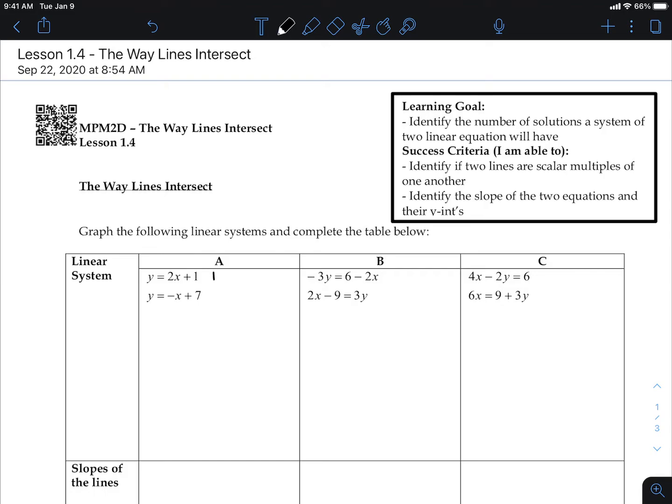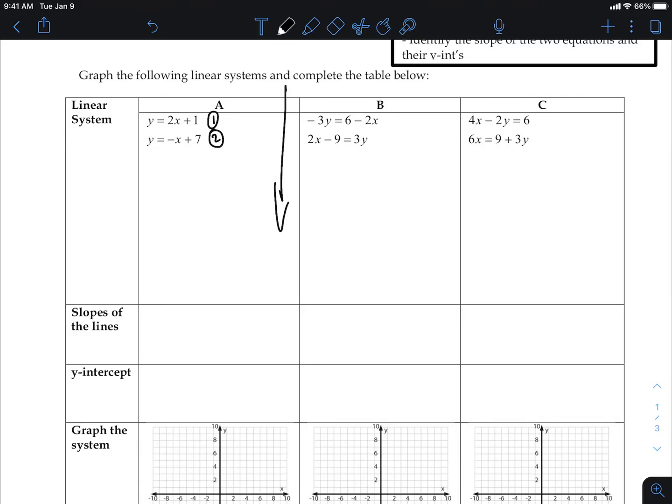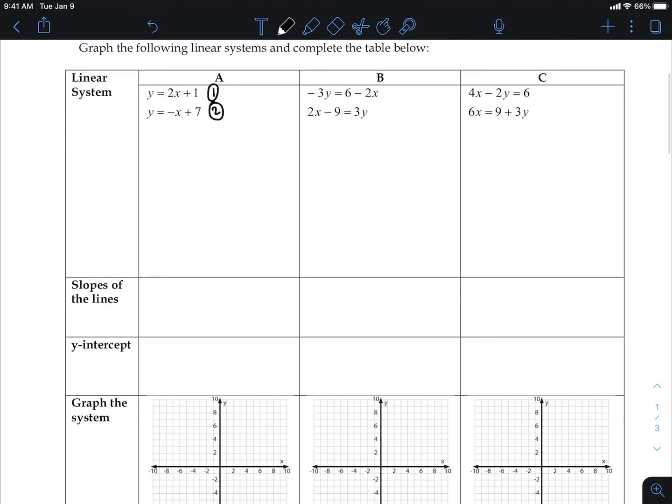Okay, so when we look at this, it's the same thing as Friday. I've got two lines and I'm going to number them 1 and 2. And down here, we're just going to go sequentially down and figure out what the slopes of the lines are. So what's the slope of the first line? Remember, if I were to write y equals mx plus b underneath, all you're doing is matching up if there's a number in front.